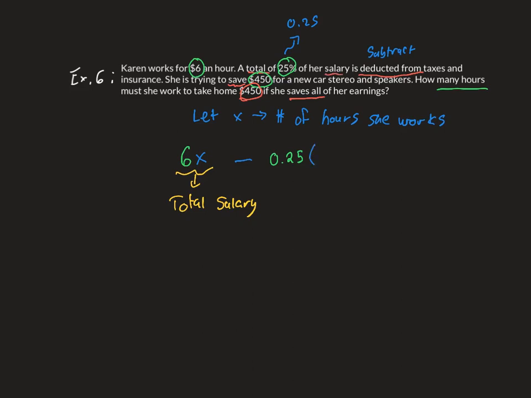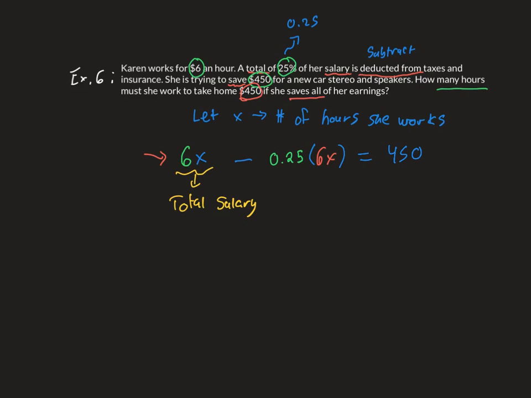Should have underlined the word salary there, actually. Salary. And what is her salary? Well, we just solved that there. Her salary was 6x. Okay? All right. And basically, after all said and done, when you took away 25% of her salary and everything, she wanted to make, so make being equal, $450 at the end.